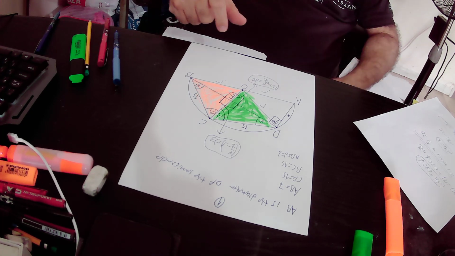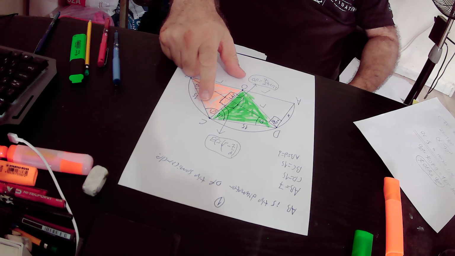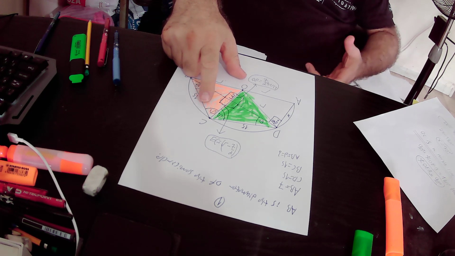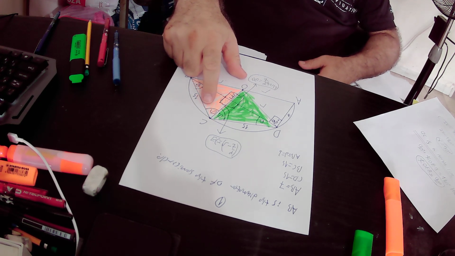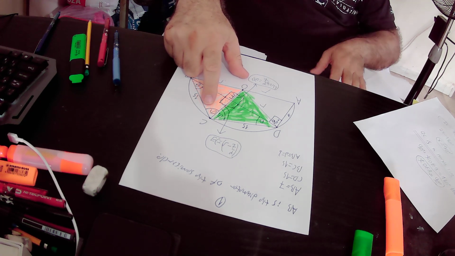So if we look at the left side of the straight line OC, according to rule number 3, the sum of the angles on the left side of the straight line OC is equal to 180 degrees. That is according to rule number 3.